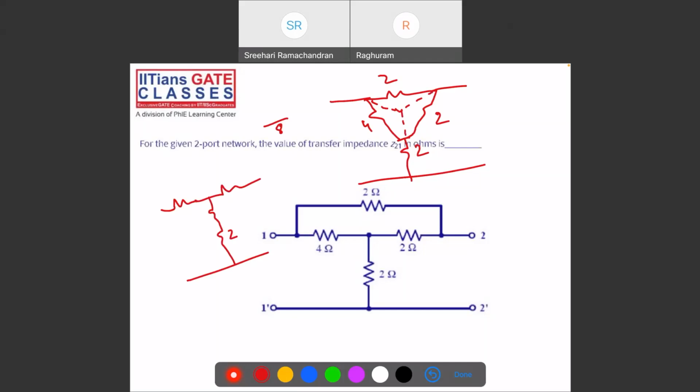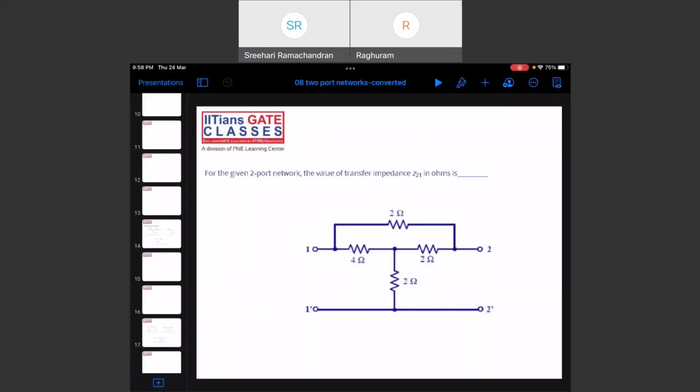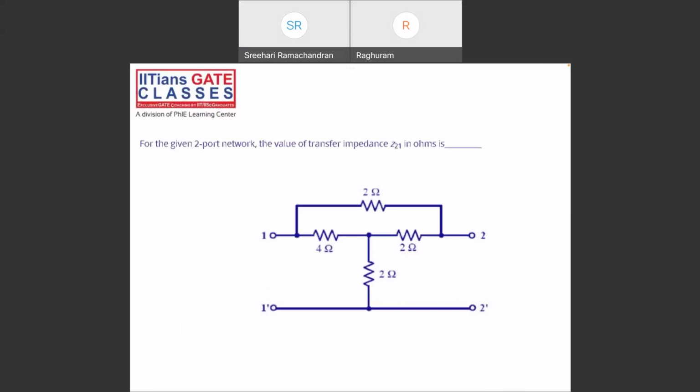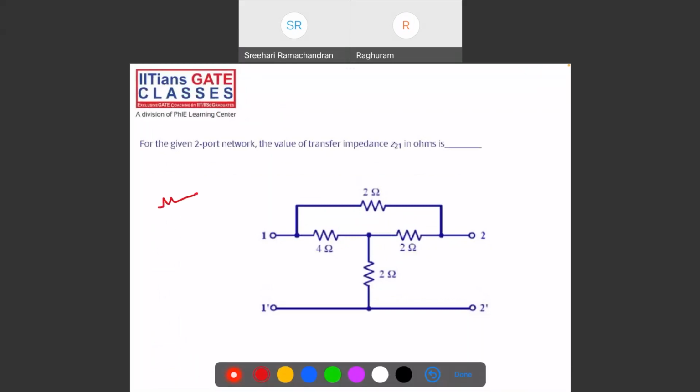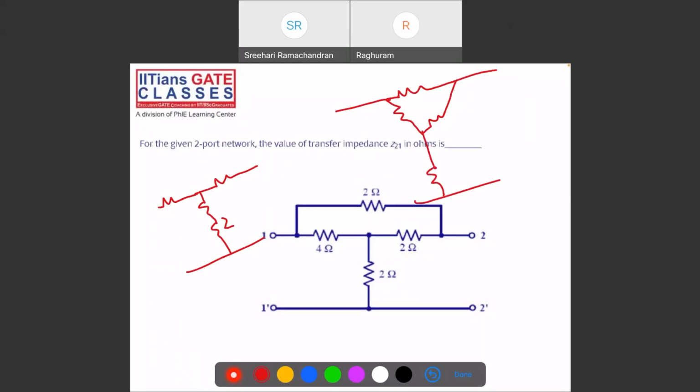This is 2. This is divided by 8, and this is 4 into 2. So this is 2. Again, converting the inner delta. This is 2, 4, and 2, and this is 2.